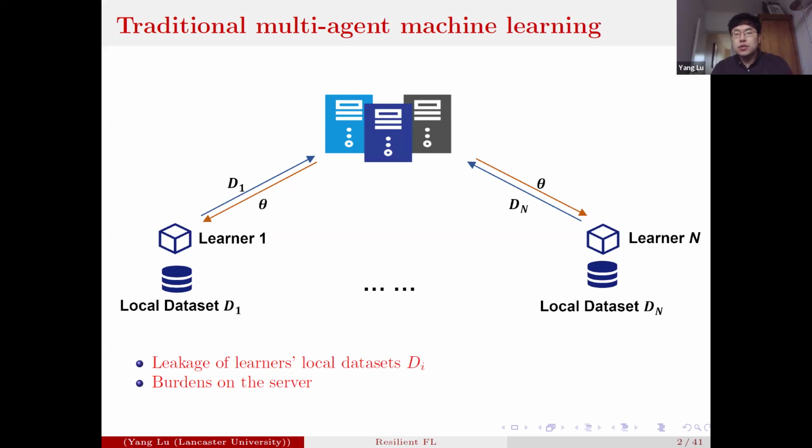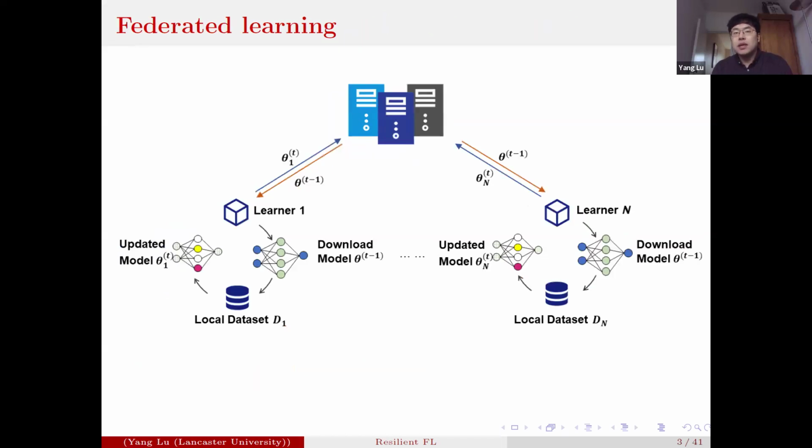So to mitigate these two potential issues, people proposed federated learning. We still have a very similar architecture here. We have a central server and we have a bunch of users.